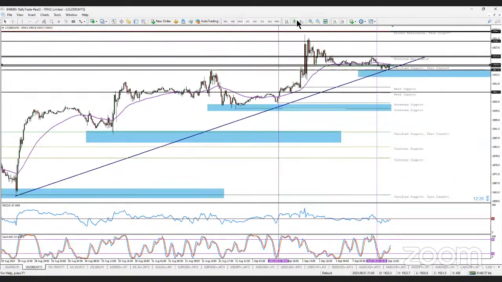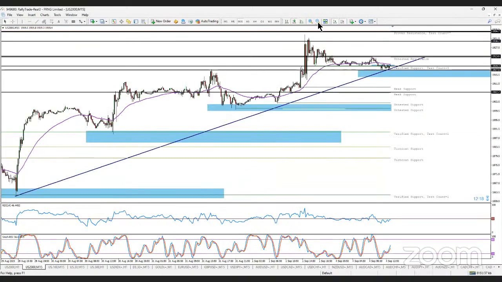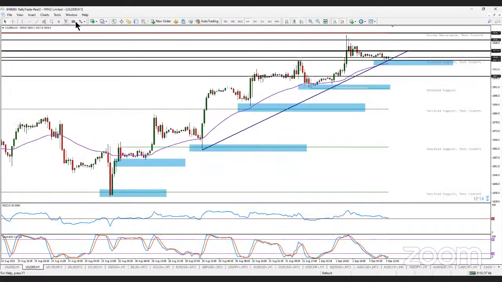Okay? I hope you're not getting this confused, right? Please, let's follow. Look at, from here on 1 hour, all the way, let me use the cross here. From here, all the way to this place is a retracement.